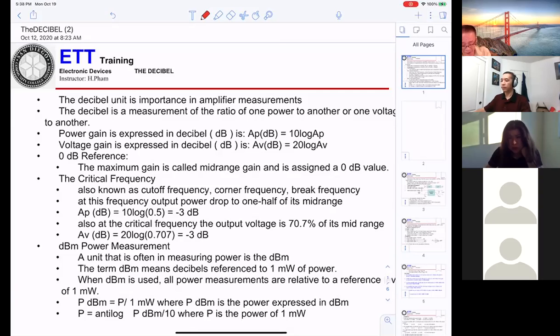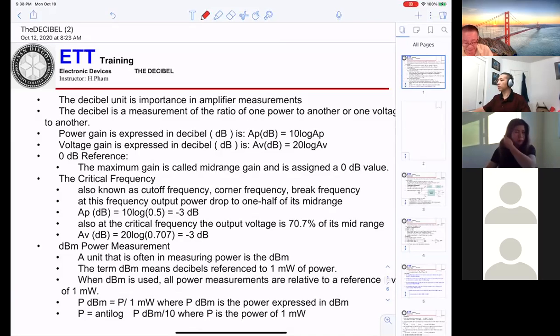The decibel is a measurement of the ratio of one power to another power, or one voltage to another voltage. It's just a ratio.